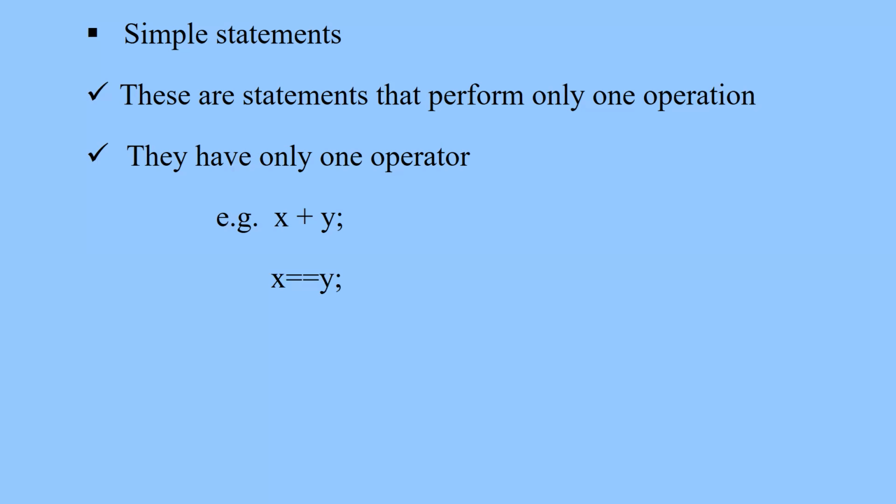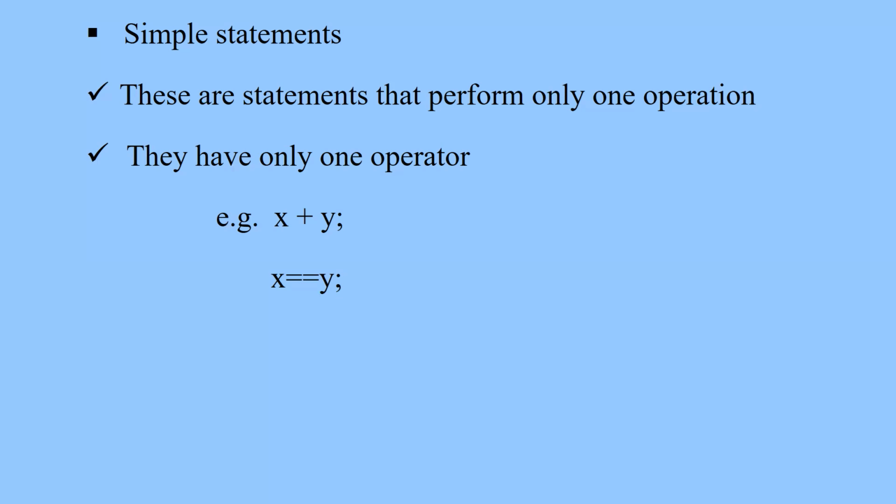What else do you think this statement can mean? Remember, we are talking about a single operator. Many students usually get confused when they see two equal signs, since they are used to a single equal sign.